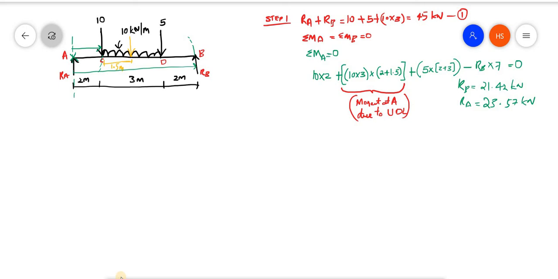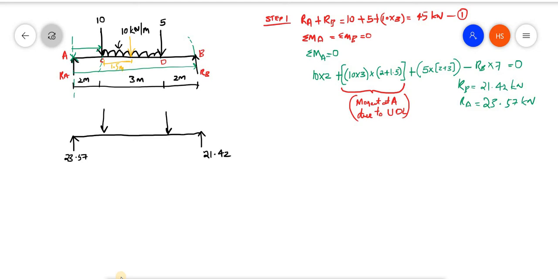Now I am marking the different forces which we have obtained, RA and RB. The value of RA is 23.57, RB is 21.42.